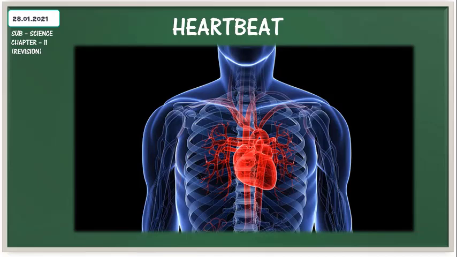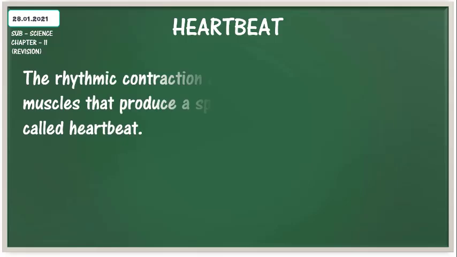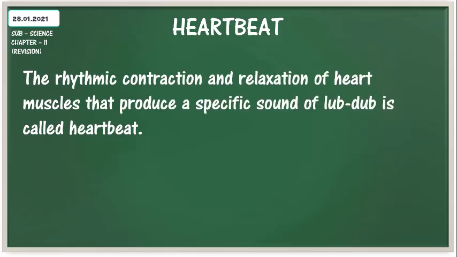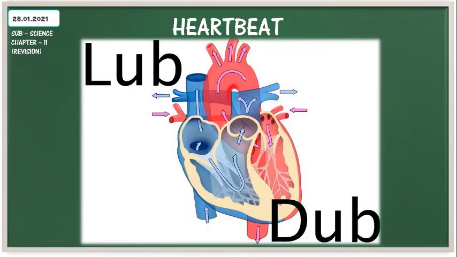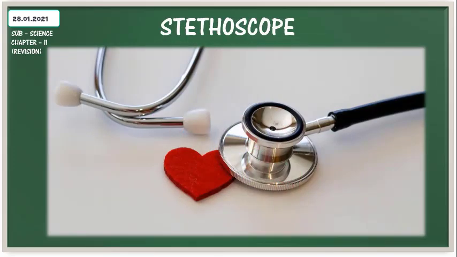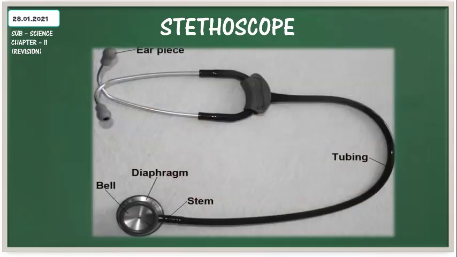Heartbeat. The rhythmic contraction and relaxation of heart muscles that produce a specific sound of Lub-Dub is called heartbeat. If you place your hand on the left side of your chest, you can feel your heartbeat. Doctors feel your heartbeat with the help of an instrument called a stethoscope.